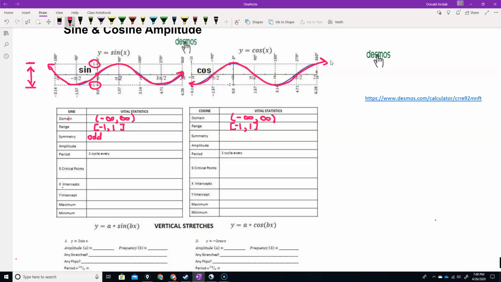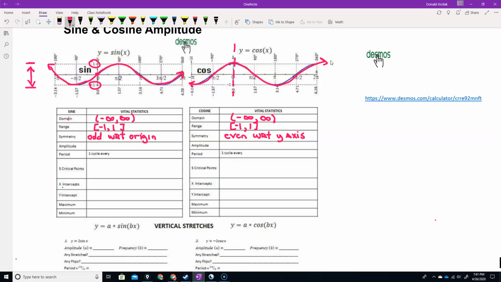It is symmetric with respect to the origin, (0, 0). Okay, the cosine graph was an even graph. That means you could fold it along the y-axis. So we say it's symmetric with respect to the y-axis.